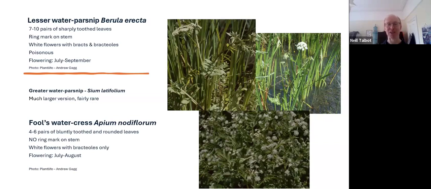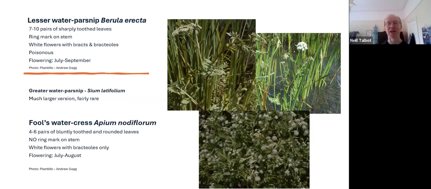Unfortunately, I haven't got any diagrams to explain this, but I suggest you look it up; there's really good information in glossaries of books and on some of the identification websites. So the key thing for this one is that lesser water parsnip has bracts and bracteoles, and fool's watercress has bracteoles only.